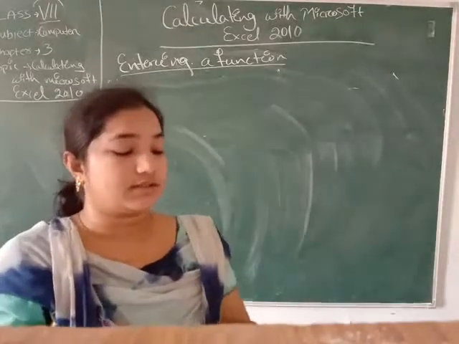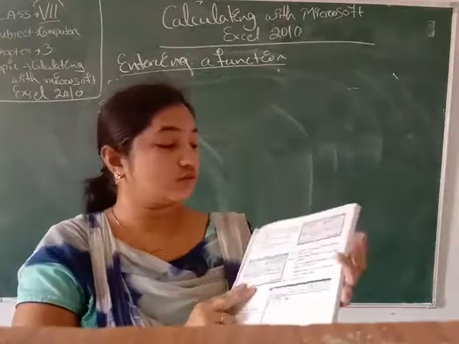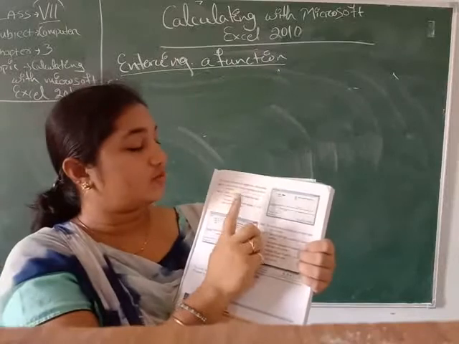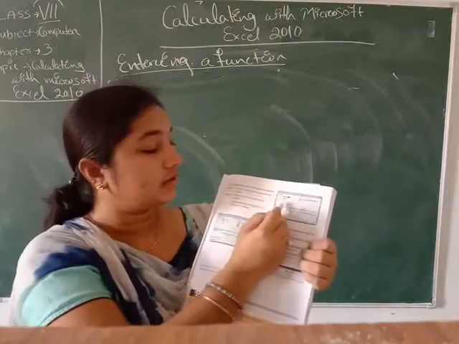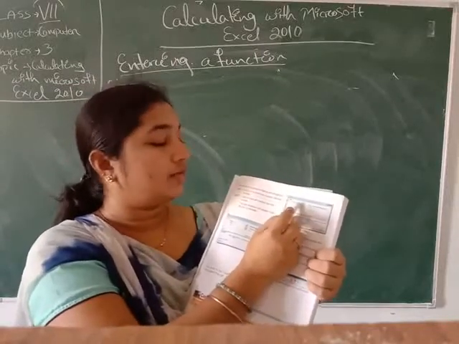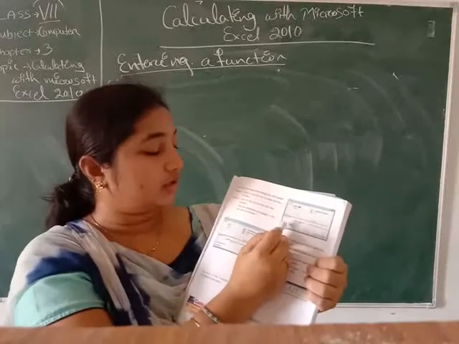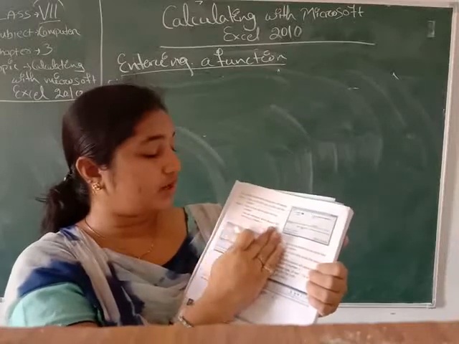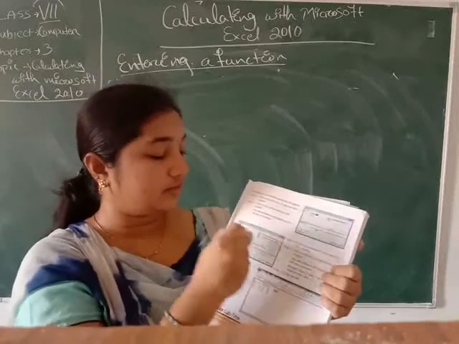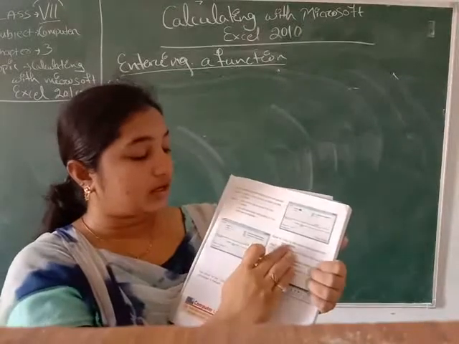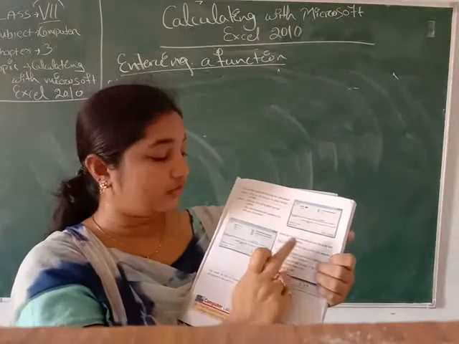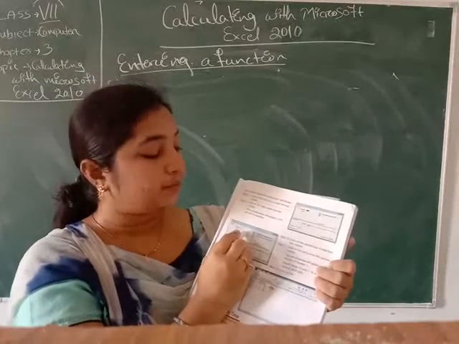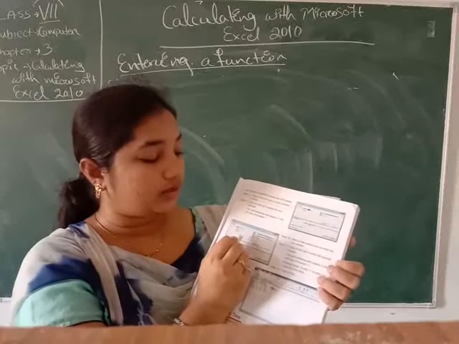After this, the Function Arguments dialog box will appear. Here we click on the first box and enter the first number. After that, click on the cell to enter the first number. The cell reference will appear in the text box of Number 1. Next, click on the second box, Number 2, and click on the cell to enter the second number.